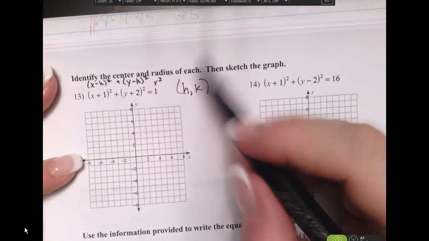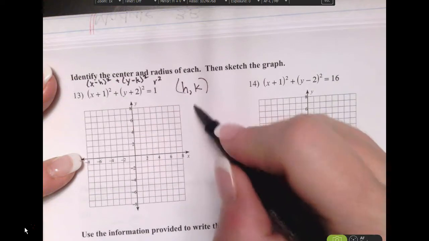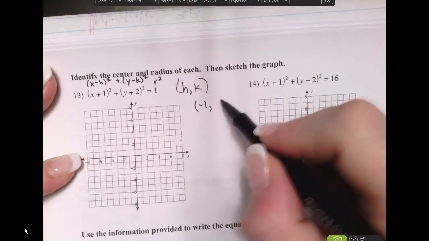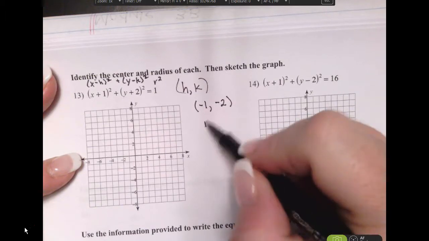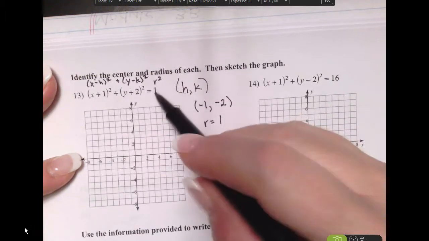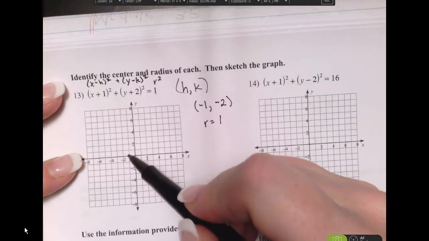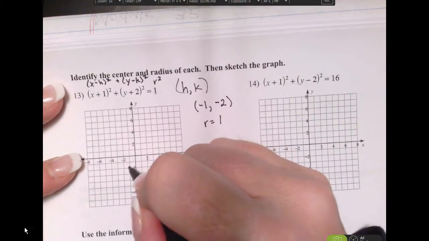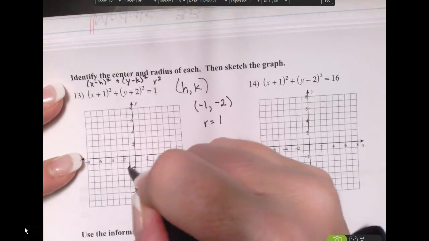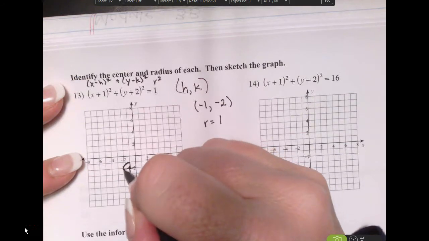So if x minus h is a positive, that means h is -1 and k is -2. And then my r equals 1 because the square root of 1 is 1. So I'm going to go over to -1, -2, and then I'm going to make a radius of 1 unit. I'm going to sketch my circle.